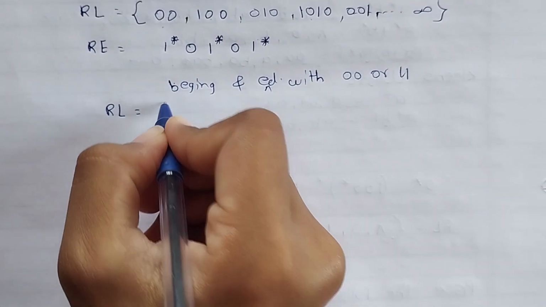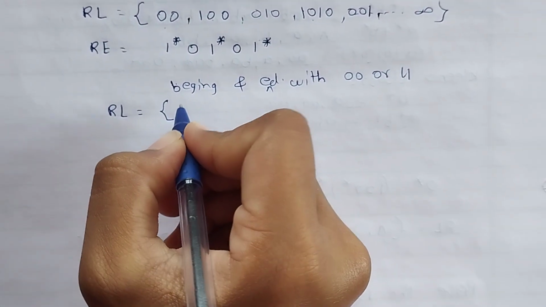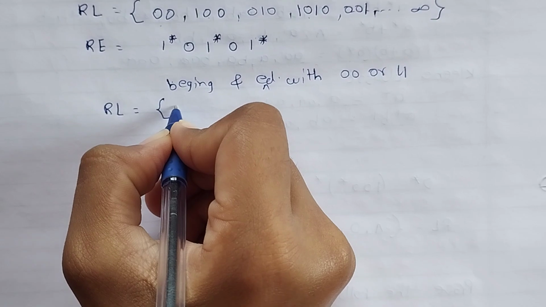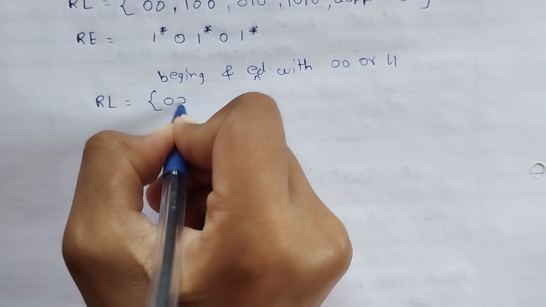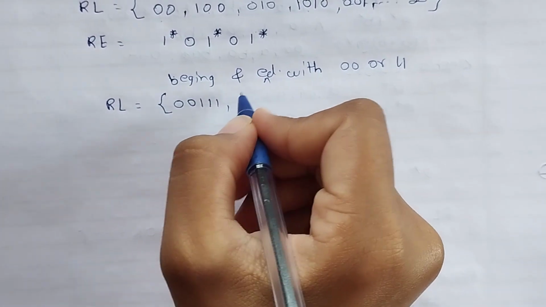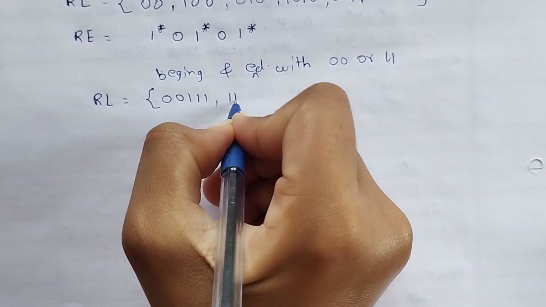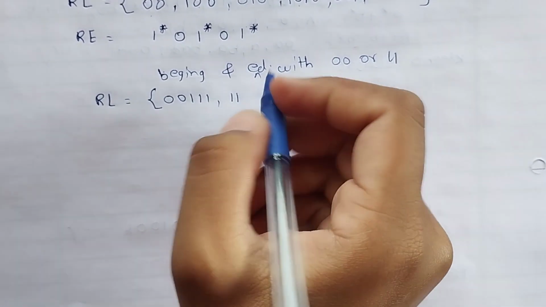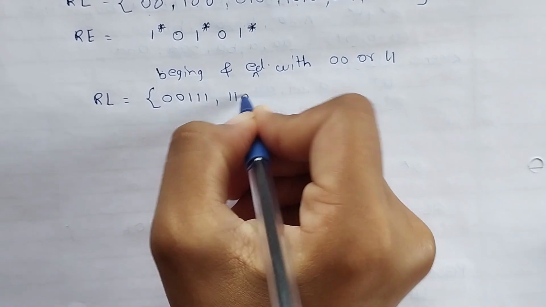Okay, so we write the regular language. Let's suppose the string begins with 00 and any string can follow. Let's suppose the beginning is 11 and it ends with any string.